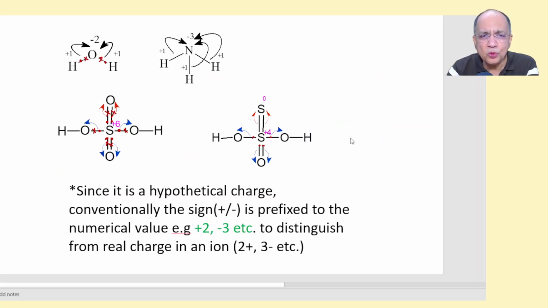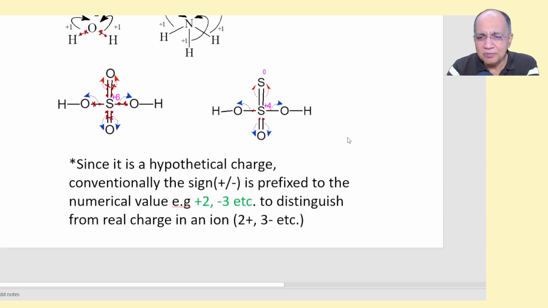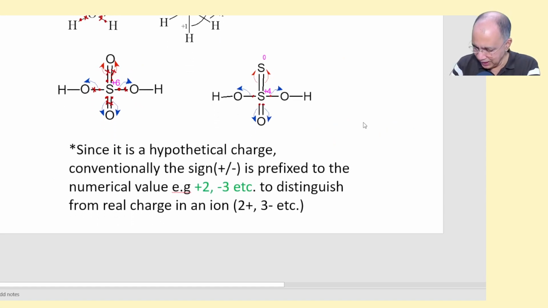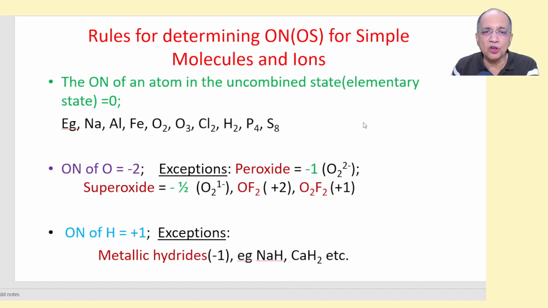Now see, there are some guiding rules to find out the oxidation number of an atom in a molecule or ion, which are very simple. For actual oxidation numbers, you need knowledge of the covalent bond structure, which is not as easy now.